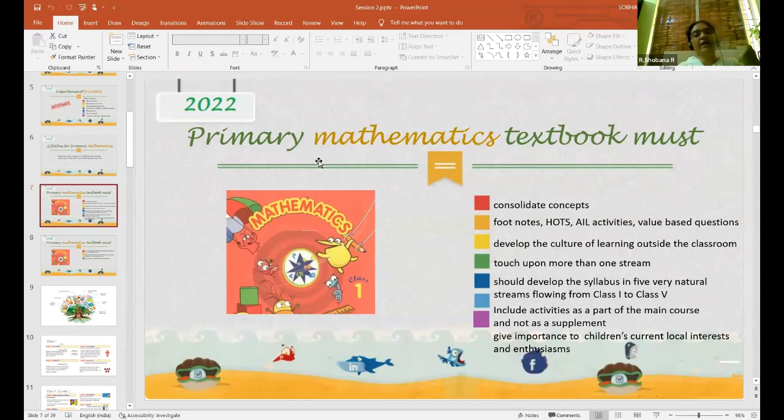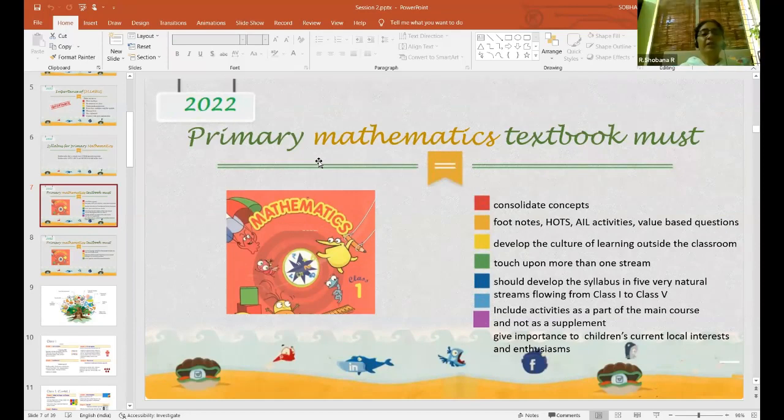It must always give a recap of what the child has learned in class 1 and check what the child knows before it can move to activities which are to be learned in class 2, or again from 2 to 3. So it cannot jump suddenly from one level to another. Rather, it must be a very seamless transition from one class to another so that the child is very comfortable in understanding the topic.